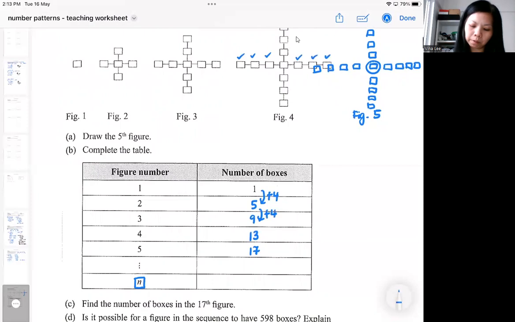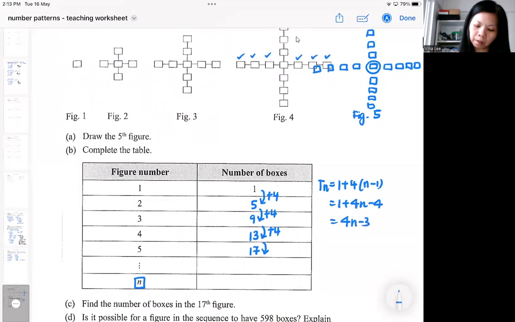Check for common difference. So if you realize that this is a common difference, you apply the common difference formula. By now you should be quite good at applying the common difference formula.